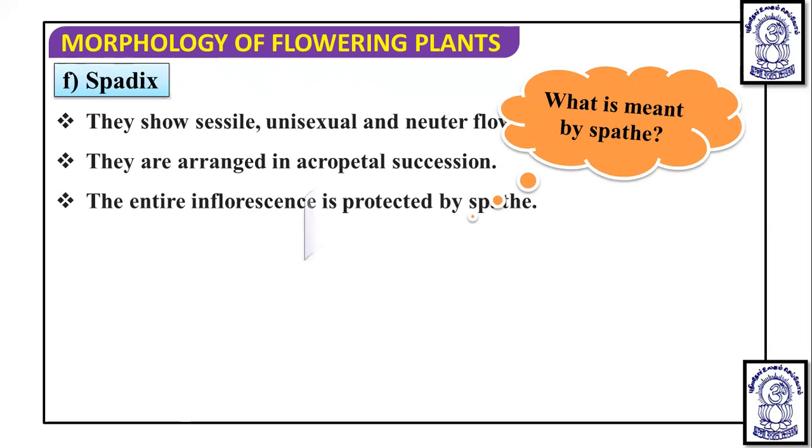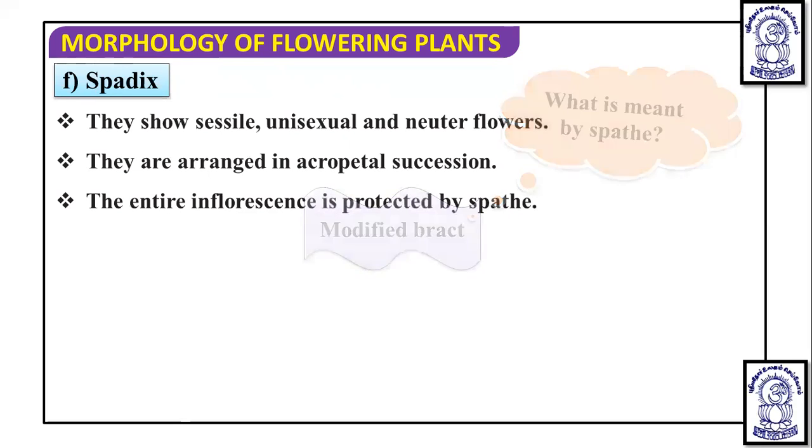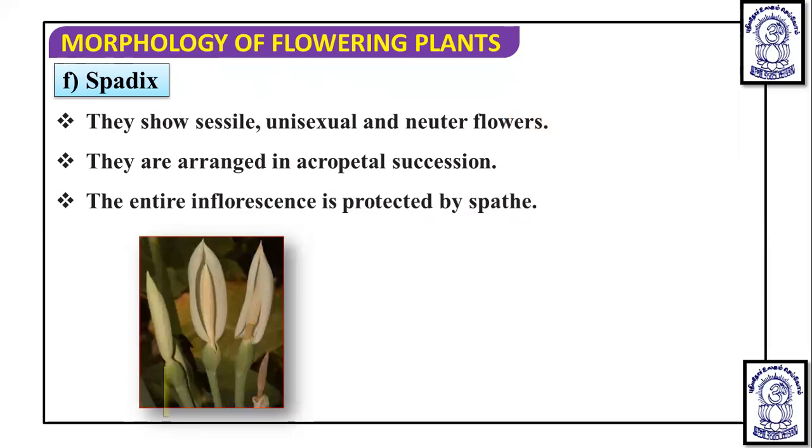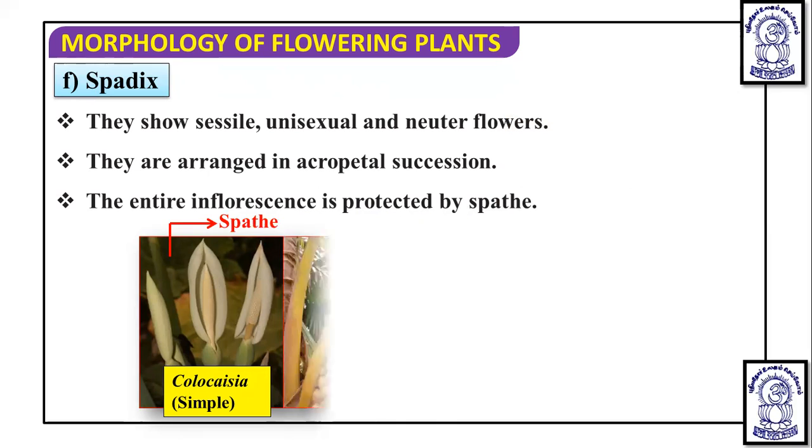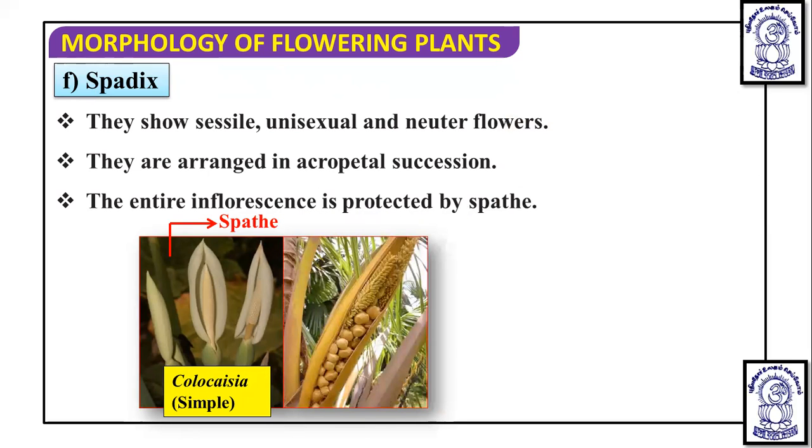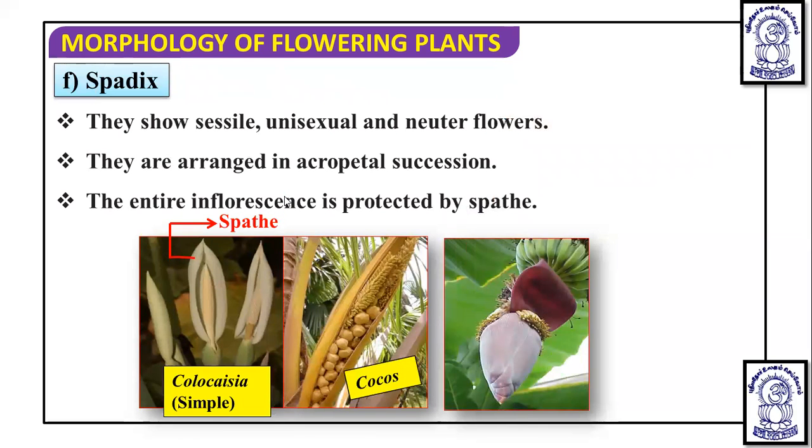So what is meant by spathe? Spathe is a modified bract, and by modification it is a large fertile bract. So you can see in this particular one, this is a spathe, which is a large fertile bract. So spathe is a large, colorful, fertile bract. This is cocoa, in which also you will see this spathe.